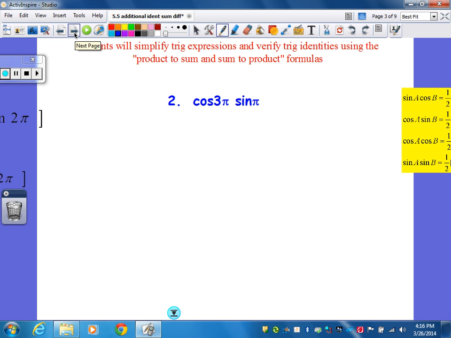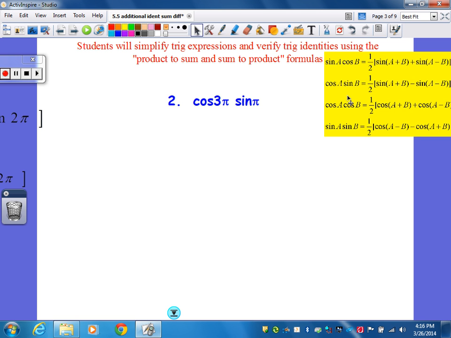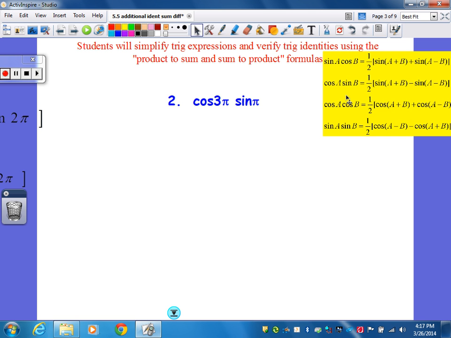Okay, next one. Once again, first thing I want to look for is, I have a cosine and a sine. So now I'm going to look at my formula sheet. I have a cosine and sine, so I'm going to look for a cosine and sine formula right there. So there's the formula I want to use.